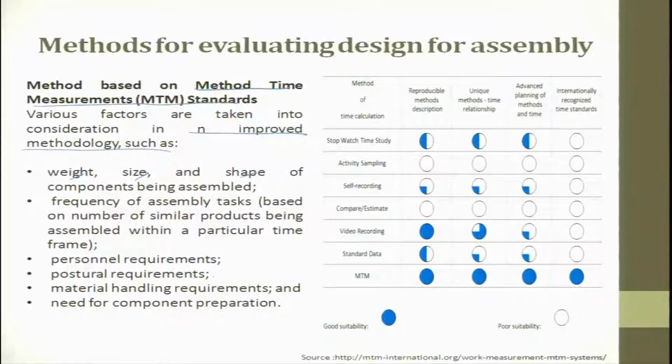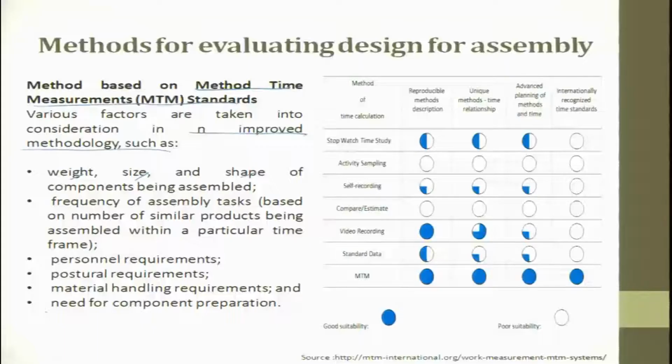See, when you try to do assembly, if you sit in a very bad posture, or if I try to take some element which is behind me and then keep it here, it is not going to be an easy task. So, the posture or the location where the parts are kept plays a very important role. Then material handling requirement and the need for component preparation, these are the various factors which are considered.